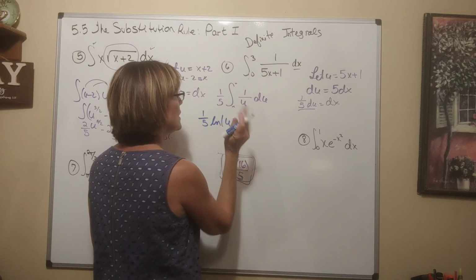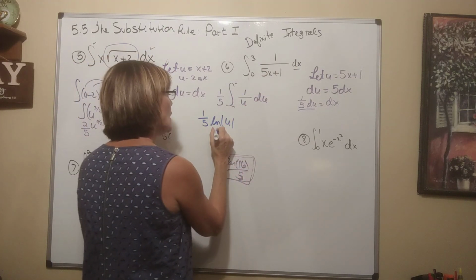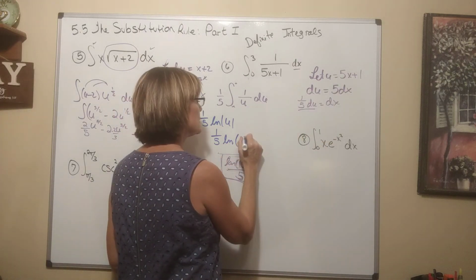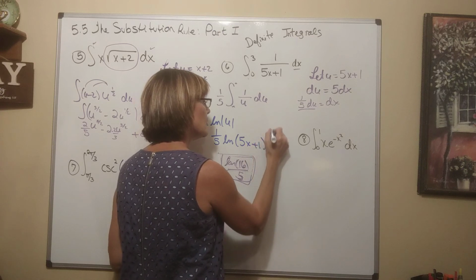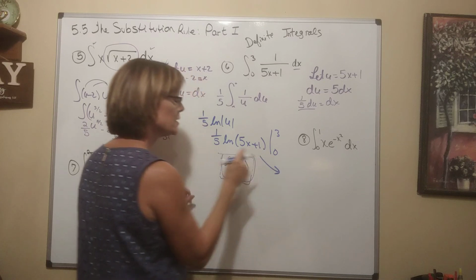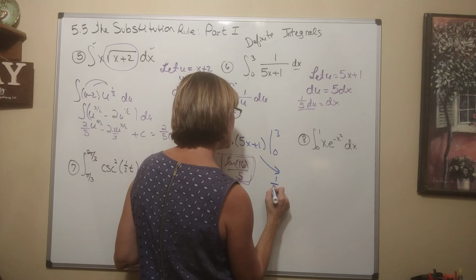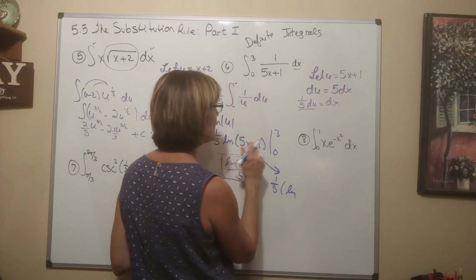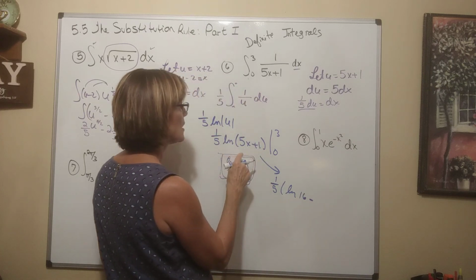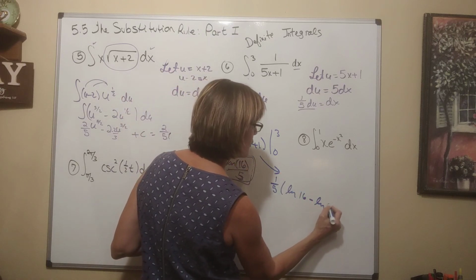All right. Then I say, okay, let's put this back in terms of x. So this is really 1/5 the natural log of 5x plus 1, evaluated at the original limits, 0 to 3. Once it's back in x, you can go ahead and use the x limits. So that's going to be 1/5 times the natural log of 5 times 3 plus 1, which is 16, minus the natural log of 5 times 0 plus 1, the natural log of 1.